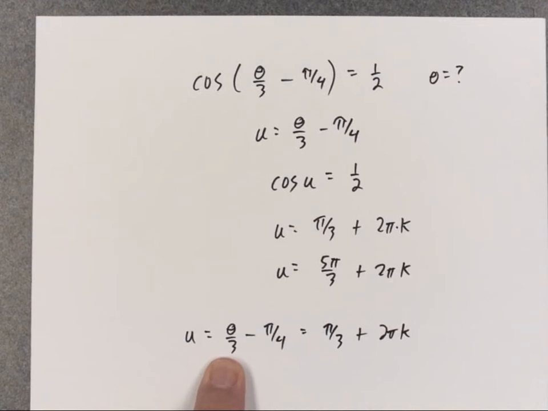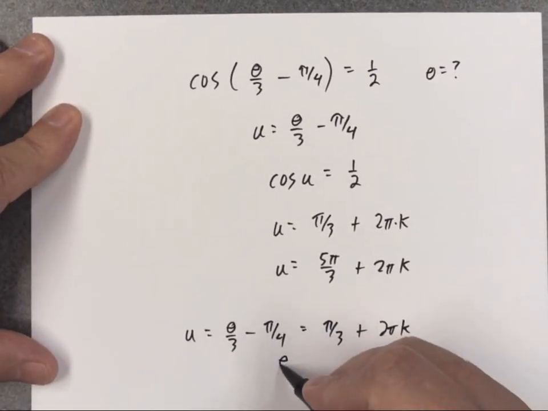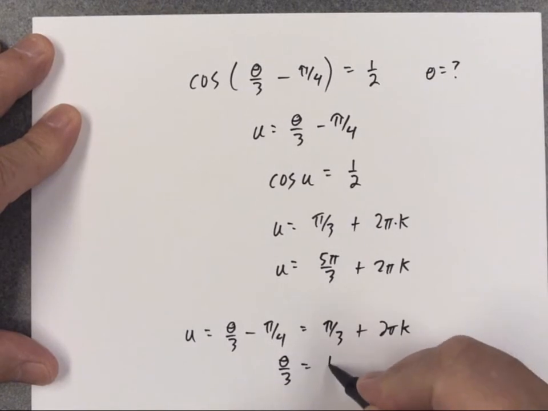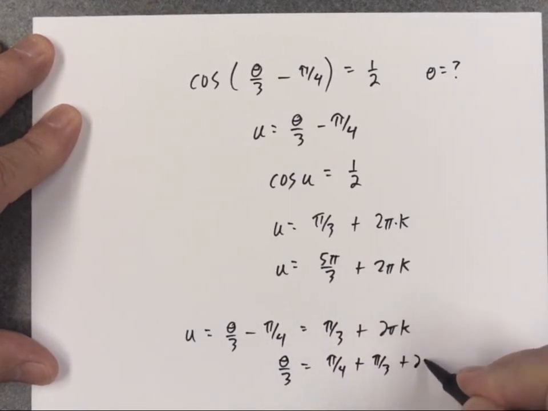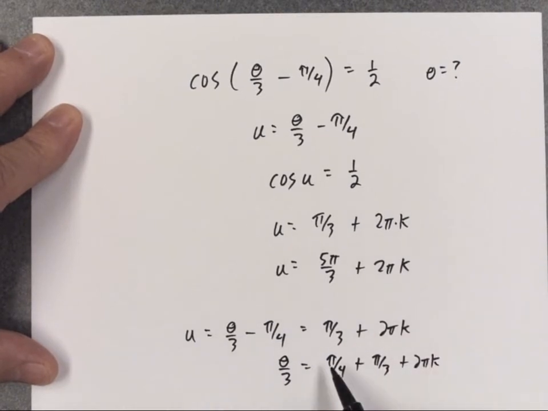I guess the first thing I'll do is add pi over 4 to both sides. Now if I add pi over 4 to pi over 3, this is 3 pi over 12 plus 4 pi over 12, I think it's 7 pi over 12.